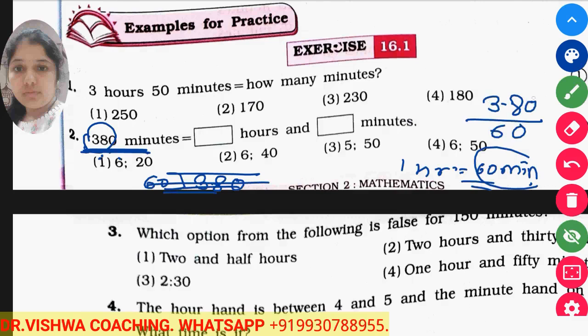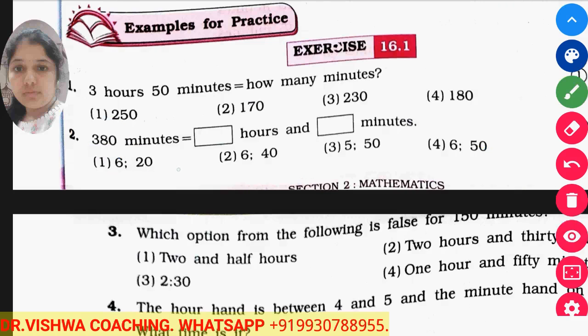380 divided by 60 means 38 divided by 6. So 6 6s are 36. Now when we subtract 36 from 38, it becomes 2, and you put this 0. So 6 hours and 20 minutes is equal to 380 minutes. Okay, understood?